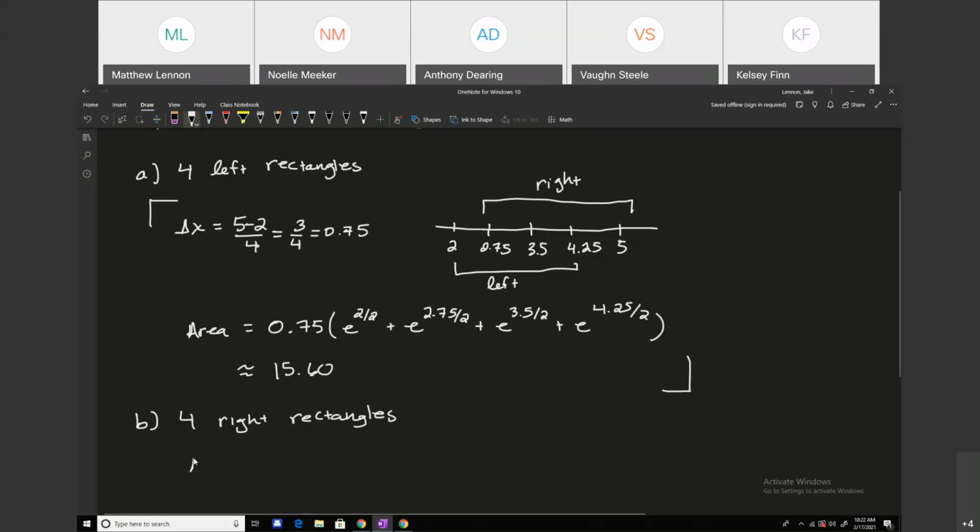So the area here is 0.75 times e to the 2.75 divided by 2 plus e to the 3.5 over 2 plus e to the 4.25 over 2 plus e to the 5 over 2. And I'll get an approximation there as well.